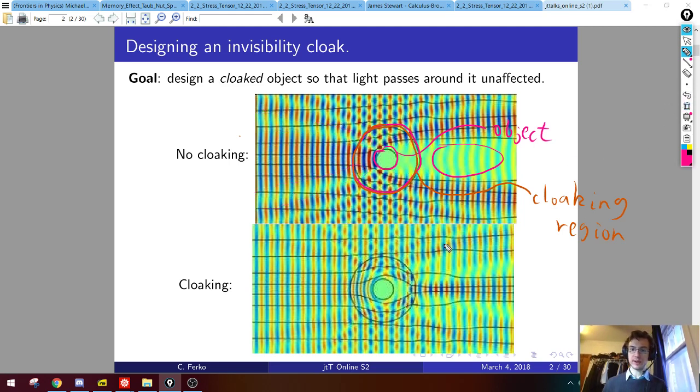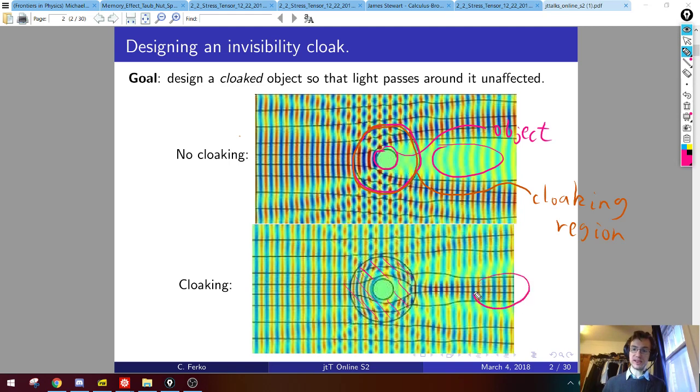The problem we're trying to solve is to ask: can you design some material in the cloaking region? Can you change the properties of the region surrounding our object so that when an incoming light wave bounces off of this thing, at some sufficiently large distance away from the object, it looks as though the thing weren't there?